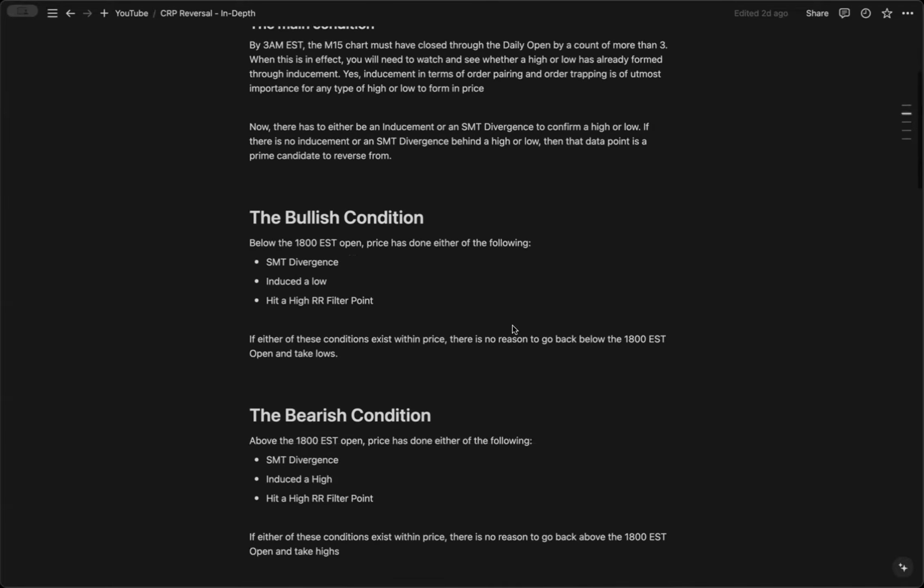The bearish condition is, of course, the opposite of the bullish condition. Above the 1800 opening price, price has to do either of the following: S&P divergence, inducing a high, or hit a high RR filter point. Meaning we have something like this, let's say open, 1, 2, 3, done that, and then goes down.